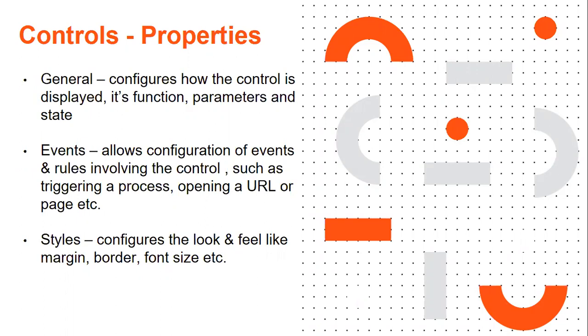So that's how it works. So we make it hidden or we make it disabled, or based on some rules, we populate the next one. So such sort of properties come under the general category, those are the general properties we are defining in the functions, in the parameters, in the state.